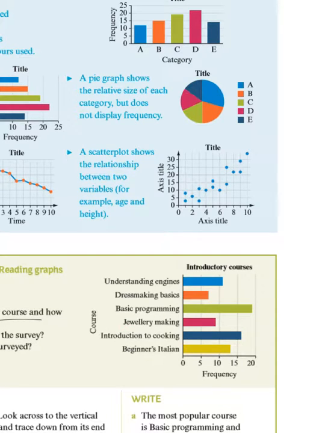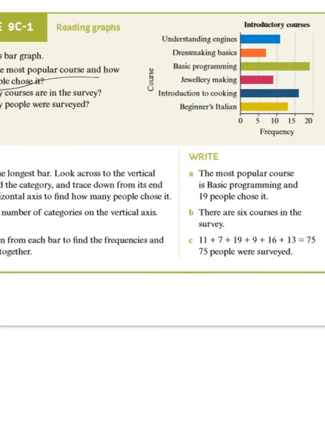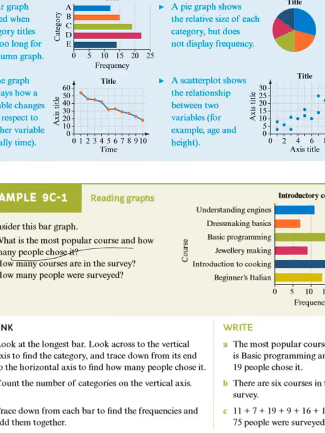Jewelry making would be, say, 9. Introduction to cooking, say 16, and beginner's Italian, say 13. You would add them all up, and that would be your answer. So all you've done is answer questions on the graph, and it's exactly what we've done already.